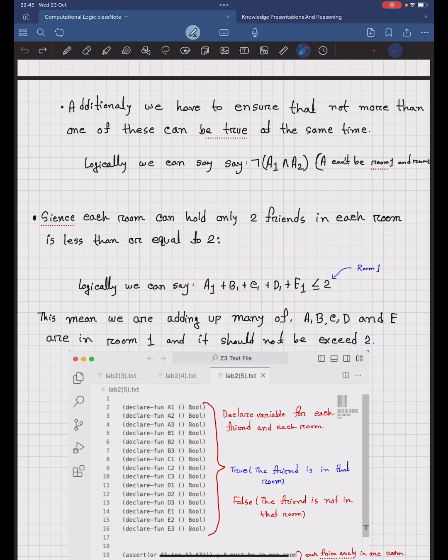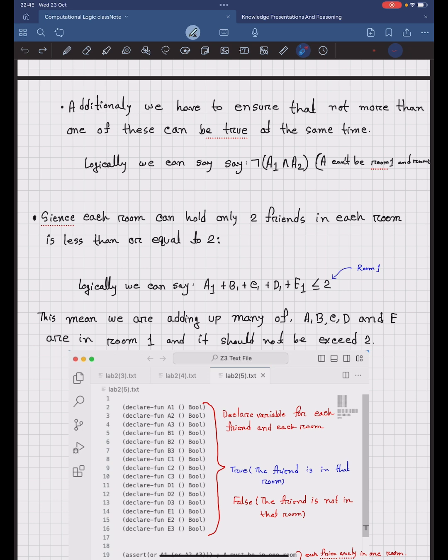So A1, B1, C1, D1, E1: that means in room 1 there is a possibility for everyone from your A friend to E friend to stay, but the maximum will be 2. If A1 and B1 are staying in room 1, then C, D, E will not be staying in room 1.